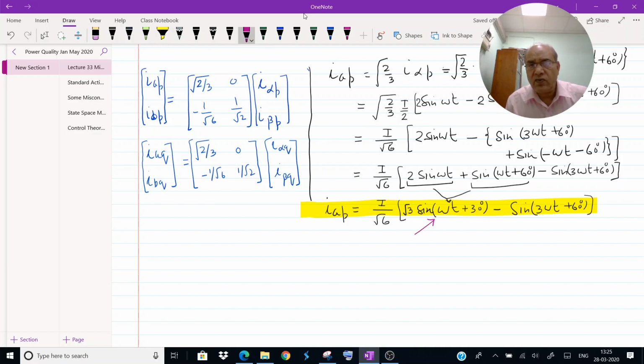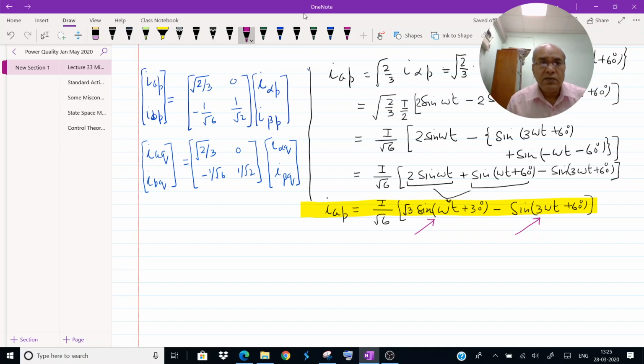This is the fundamental frequency term, and this is the third harmonic frequency term. Now, this is a conceptual question: why is the third harmonic component part of the active current in phase A? Because there is no harmonic load, we have only resistive load. So why has the third frequency term come here?